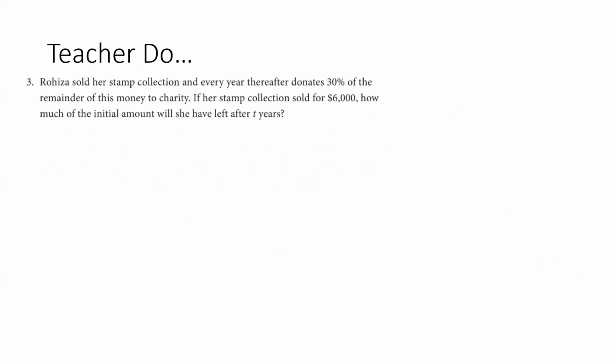All right, here we go. So here we have Rohiza sold her stamp collection, and every year thereafter donates 30% of the remainder of this money to charity. If her stamp collection sold for $6,000, how much of the initial amount will she have left after 2 years? Okay. This one did not ask us directly for a function, but because it says left after a variable amount, that means what is our function?